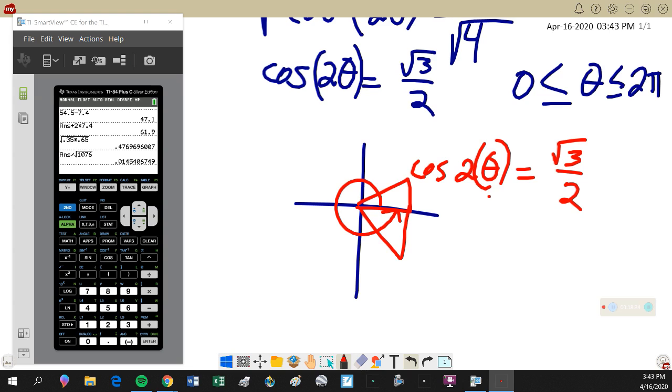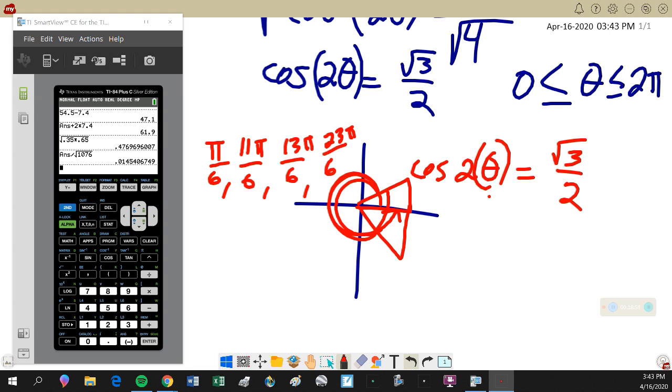So those angles are pi over 6, and then the one in quadrant 4 would be 11 pi over 6, and if I kept going, 13 pi over 6, and then 23 pi over 6, and if I kept going, 25 pi over 6, and there are a whole bunch more.